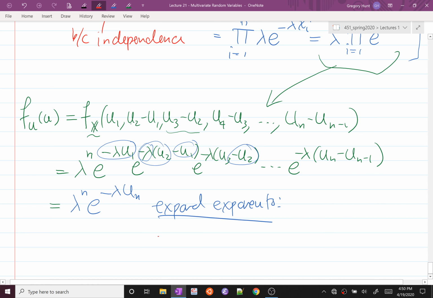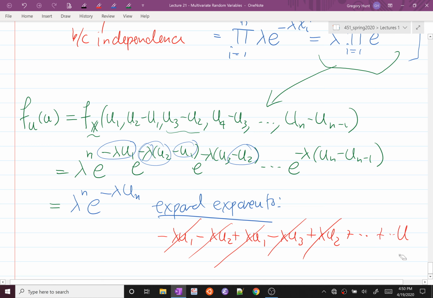What we're going to get is negative lambda u1 minus lambda u2 plus lambda u1 minus lambda u3 plus lambda u2, etc. So the negative lambda u1 cancels the lambda u1, negative lambda u2 cancels with the, that should be a plus, lambda u2, etc. And we're going to cancel all these. And all we're going to be left with at the end of the day is a negative lambda u sub n.